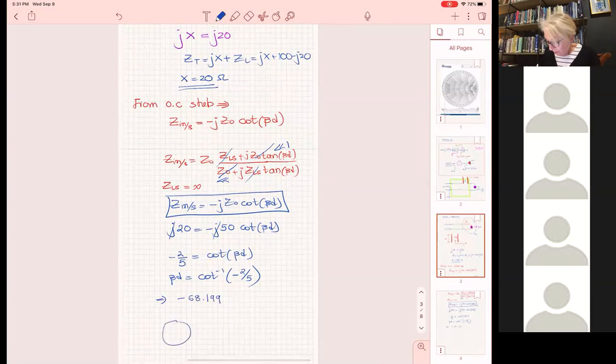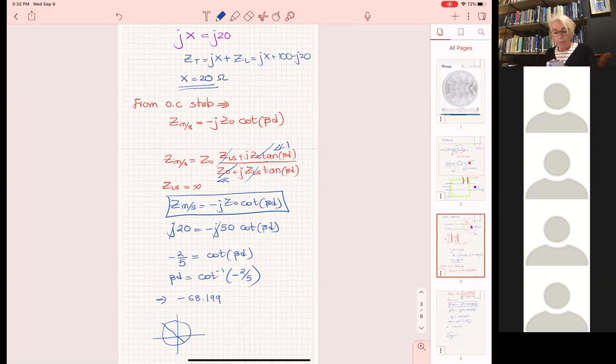Or if you remember, cotangent is a cosine over sine, all right? So minus 68 and also minus 68 plus 180 will have the same cotangent, because usually negative does not mean anything, all right? Because it's length.